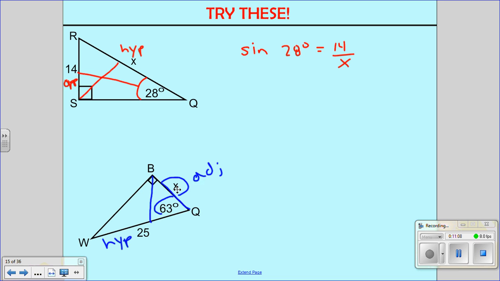So adjacent and hypotenuse, well, that means cosine. So that's the cosine of 63 degrees is equal to adjacent, which is x, over hypotenuse, which is 25. Again, finish the problem, find x to 2 decimal places, and take a picture. This concludes your notes for the day.